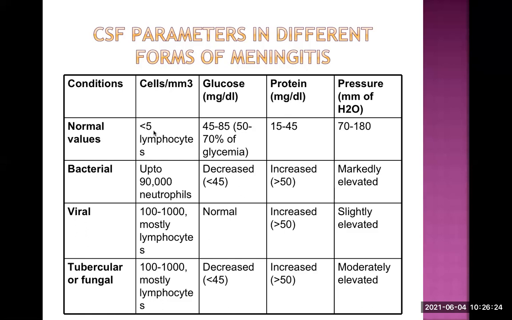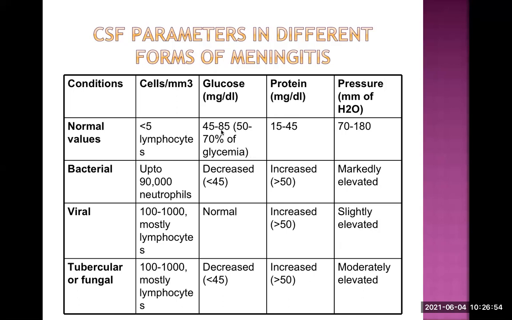Even one neutrophil present in the CSF signifies there is infection. The amount of glucose which is present in CSF is 2/3 of the blood sugar. The range is given here, that is 50 to 70%, but the average is 2/3. 2/3 means 66%. It is easier for us to remember like that.